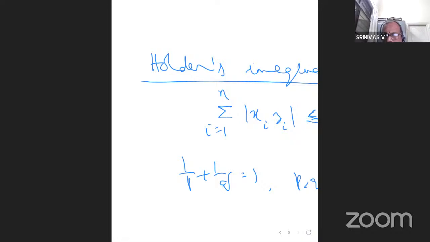Is it this or this? No, it's not even this. Let me try. In this page, let me magnify.